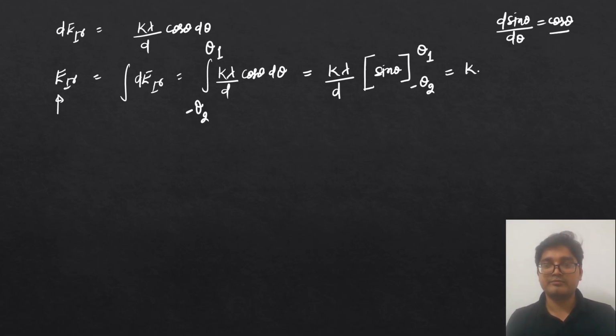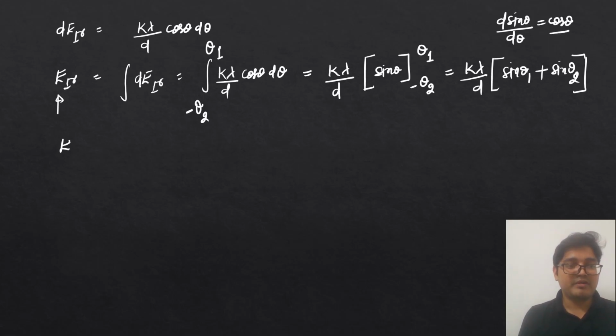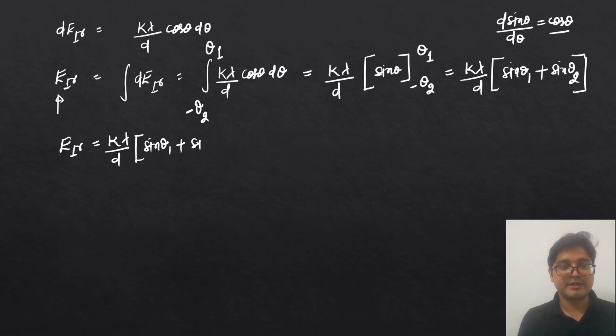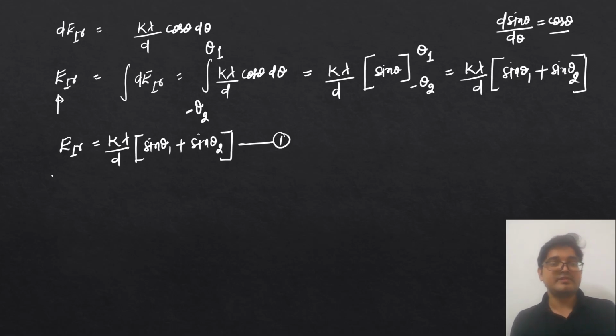Now put both the limits: k lambda by d, it is sine theta 1, and minus of minus sine theta 2 will give you plus sine theta 2. So the perpendicular component of electric field is simply k lambda by d into sine theta 1 plus sine theta 2. I'm calling this equation 1. So this is the perpendicular component of electric field due to the finite rod.